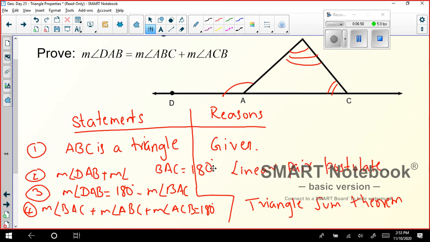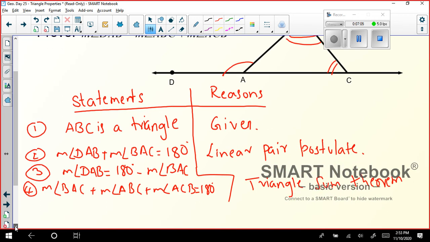I am trying to get ABC and ACB together. So I will subtract BAC from both sides of the fourth statement.